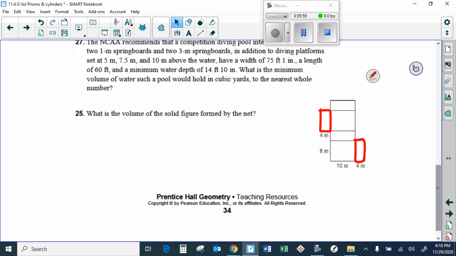So the ones that look the same length are the same length. So obviously these are all 10s. 4s for those right there, and then 8s. So these are going to be 4 right there as well. Fold that together. Okay, get your rectangular prism, and then find the volume of it. All right, that goes ahead and does that.